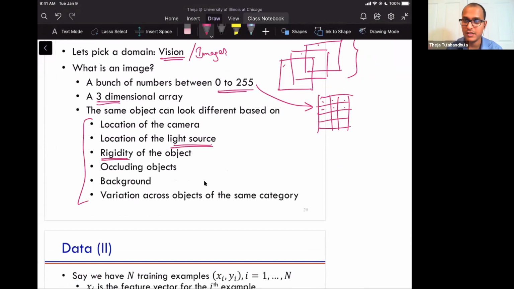Okay, it just means if the object is deformable, like maybe it's liquid or something else, or if something else is in between when you're taking the measurement of the object, like an image, or if the background is different, and so on. So the numbers will change, but the actual object in the physical world is the same. Okay, so these are some characteristics of such data that we want to consciously consider while building a prediction model.